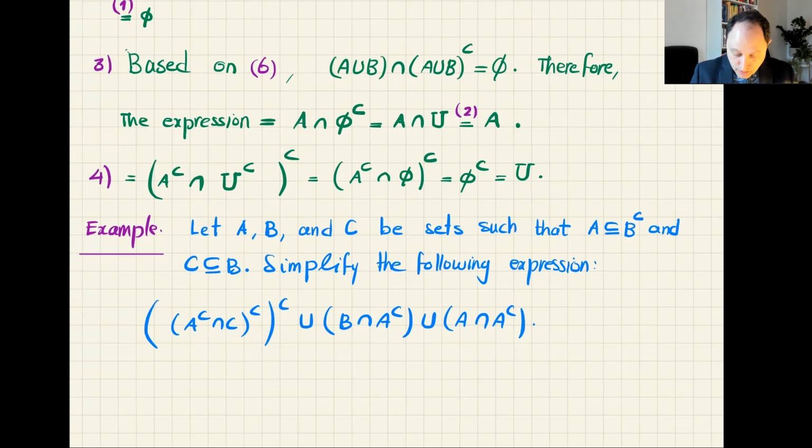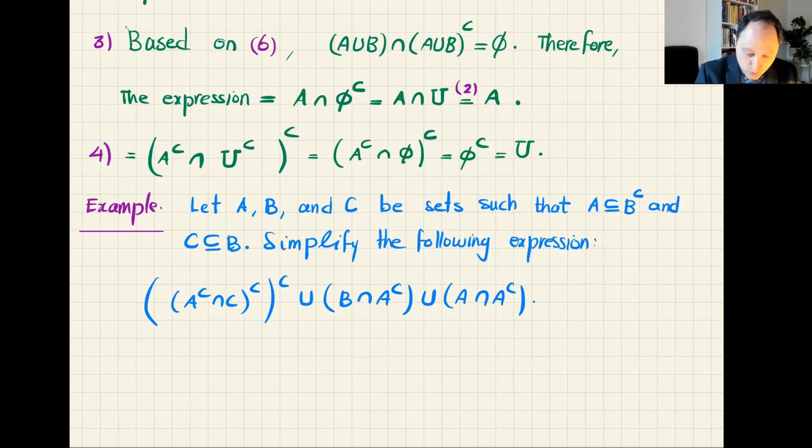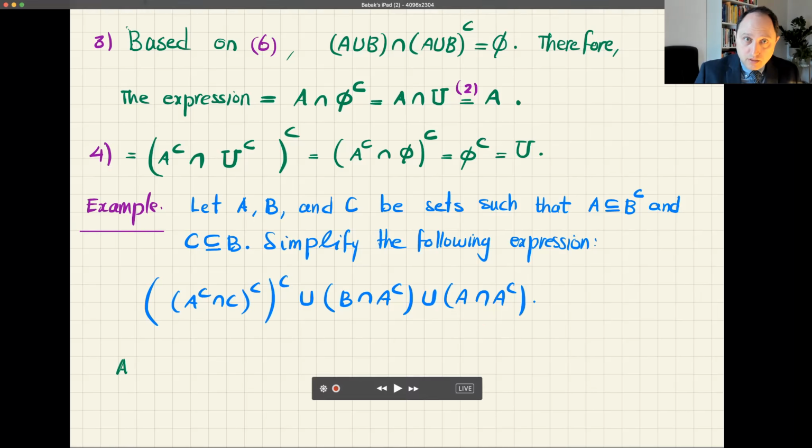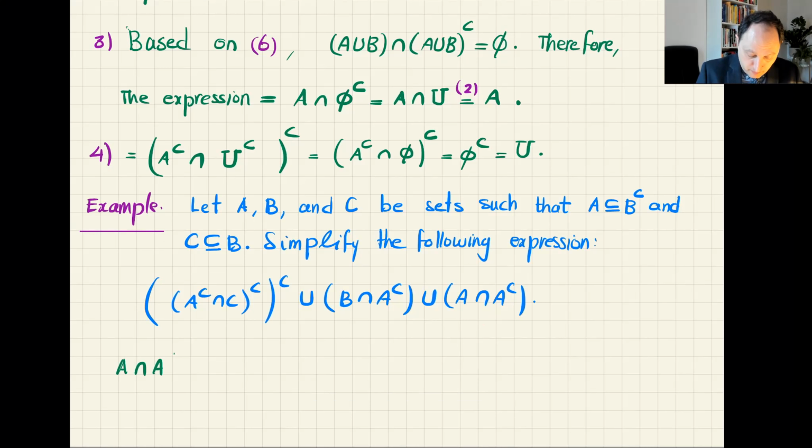Okay, there are some parts that are easy. So for example, let us do it step by step. The last bit is very simple, yes? So everyone knows that A intersection A complement is the empty set. So this we know.